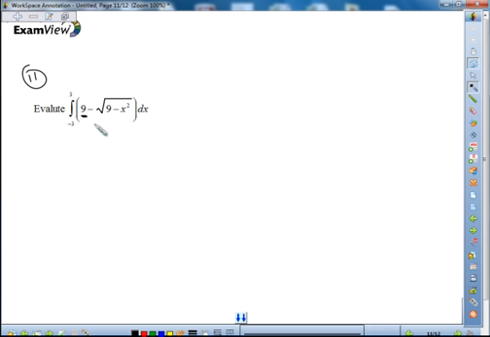The 9 means that I'm going to move it up 9 units. So the circle centered at 0, 0 with radius 3.